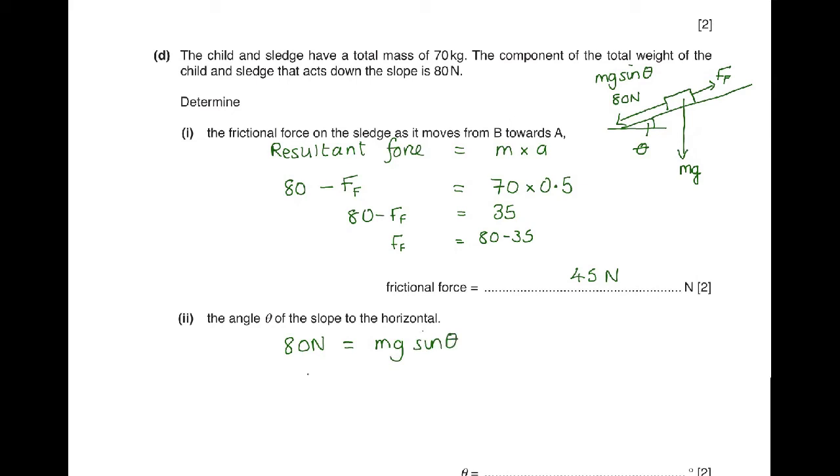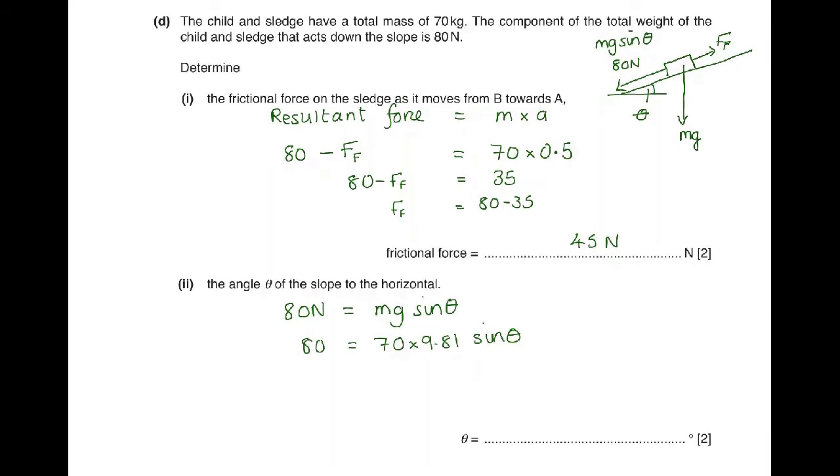So we know that 80 is equal to her m is 70, g is 9.81 times sine theta. So if we work that through, 70 times 9.81 gives us 686.7 sine theta.